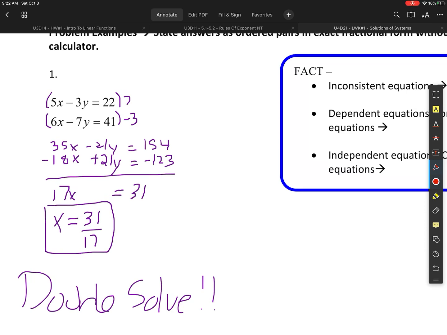So you know what? I'm going to do elimination again, and this time I'm going to get rid of x. So I'm going to multiply the top by -6 and the bottom by 5.